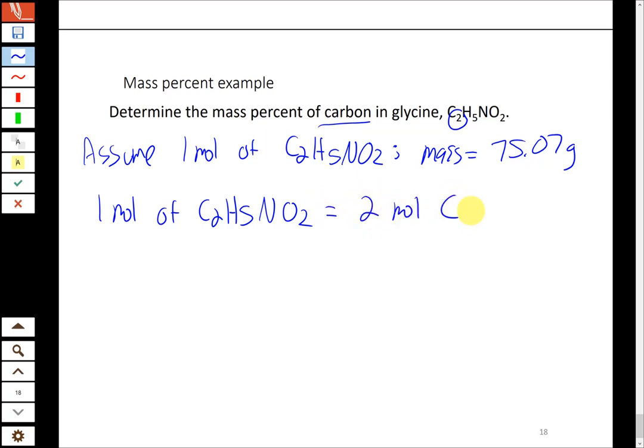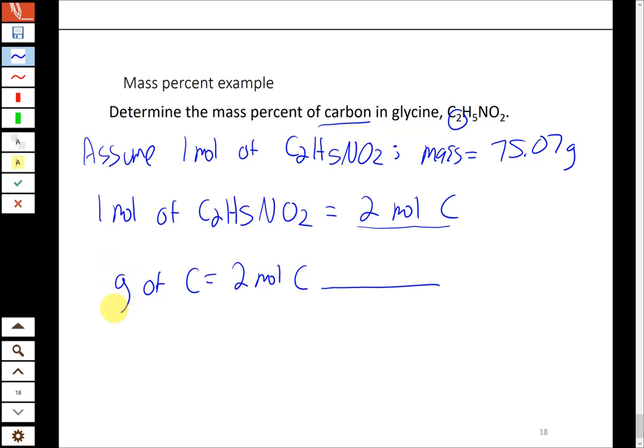All right, so we know the mass of the compound in 1 mole. We know how many moles of carbon there are in 1 mole of the compound. Now we just have to convert this to a mass to be able to use it. As we talked about earlier today, if we have 2 moles of carbon, we figure out the mass by using the atomic mass of carbon. Let me write out the unit explicitly.